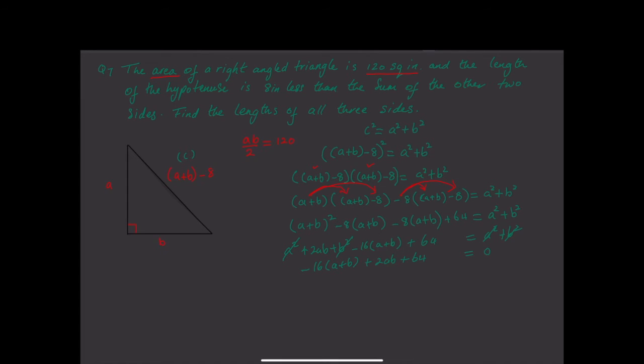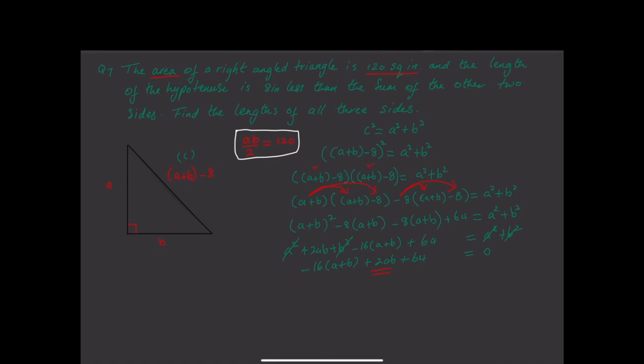Now, if we go back to this statement here, this is quite important, because if we have A times B divided by 2 is equal to 120, then we can obviously work out the value of 2AB.